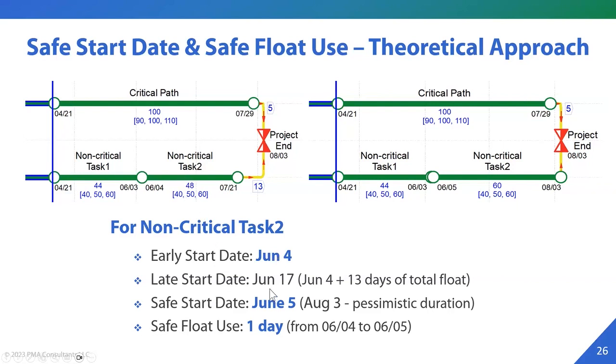And in the original scenario, the late start date was June 17th, considering the 13 days of available total float. So you can see total float says, okay, it's fine if non-critical task 2 gets delayed by 13 days. Whereas the safe start date of June 5 actually says, well, you just have 1 day of float available on it. And if you start by 6/5, you should be fine.